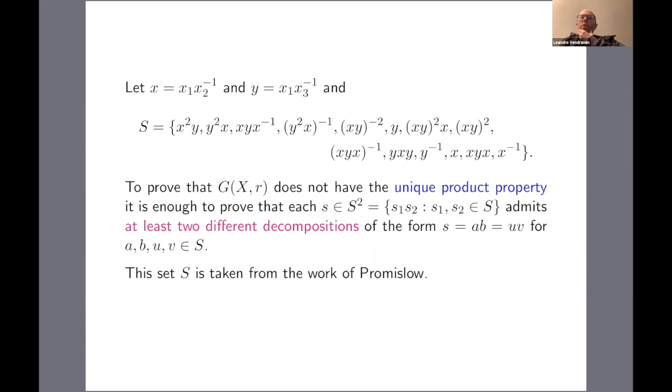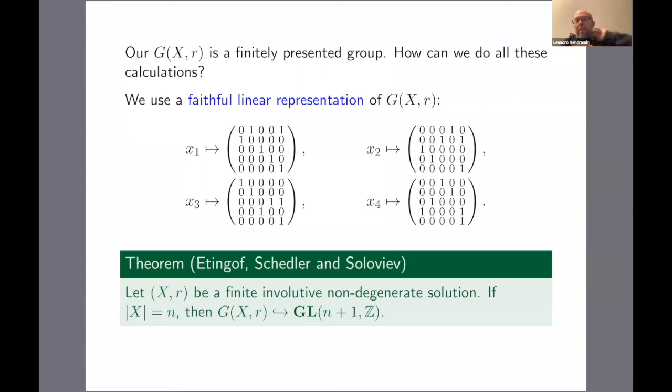But okay, maybe you say, how can you do that? Because this is a group with a finite presentation, but how can you check that two elements represent the same group element? This is kind of hard because it is a group with a finite presentation, but you don't know how to compare elements, right? In general, this is very hard to do. But indeed it is not, because of the theorem of Etingof, Schedler, and Soloviev. So the existence of a brace structure can be reformulated into the existence of a faithful linear representation of your finite solution.